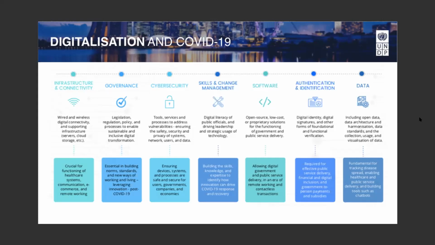What we're seeing as a role of digitalization includes building the underlying connectivity to shift to remote working, drive healthcare, and so on, but also open data to catalyze the private sector and make tools like chatbots and others I've discussed feasible. So underlying all of these as well are the policies and processes needed to ensure that digitalization is inclusive and useful. Things like agile procurement and a focus on ethics, but also safety and security.